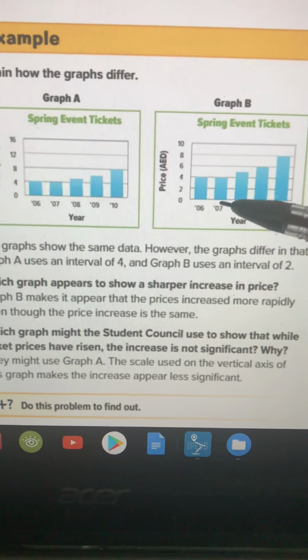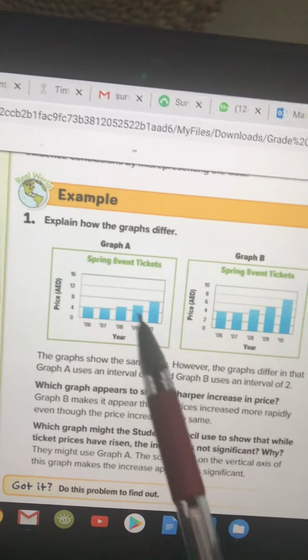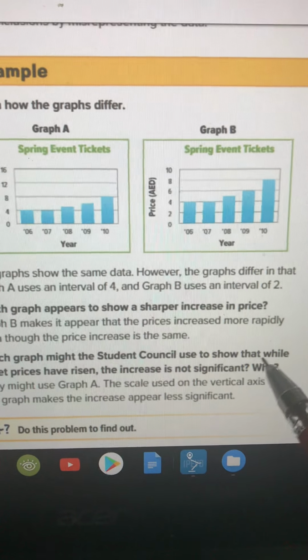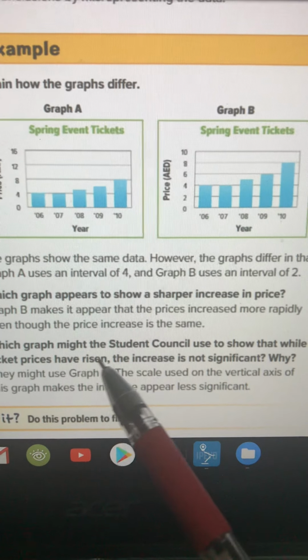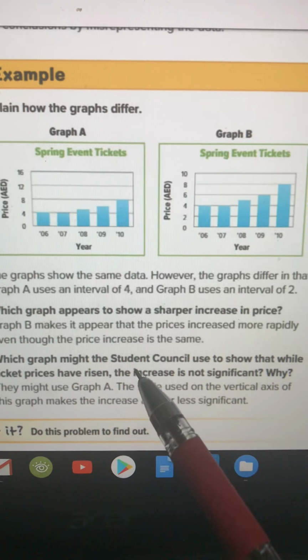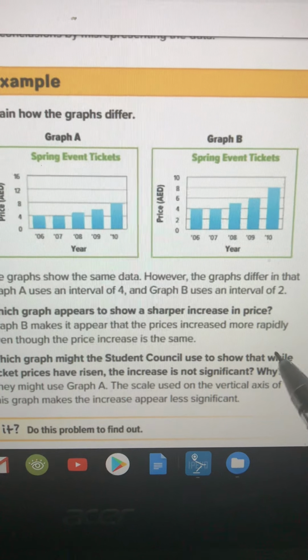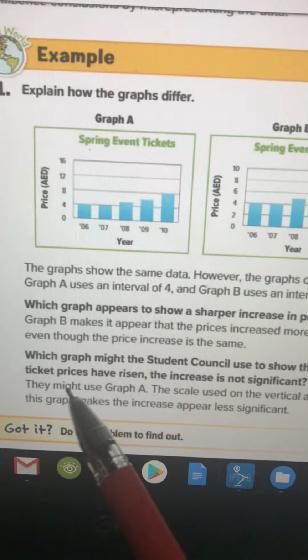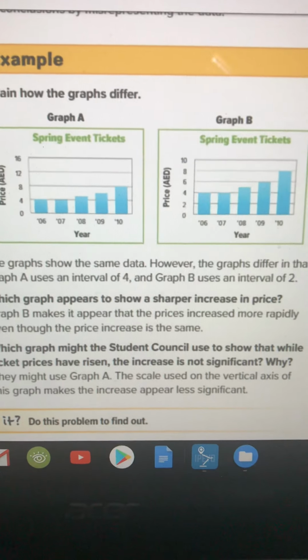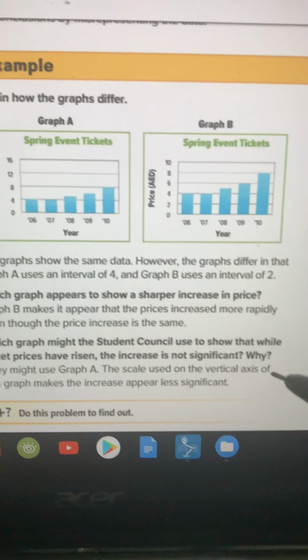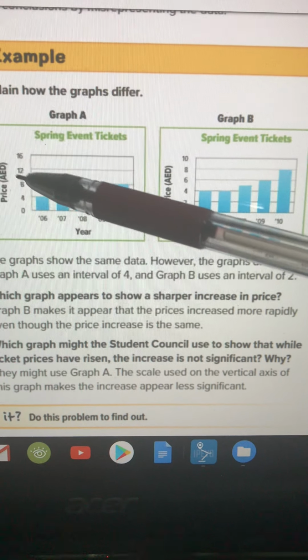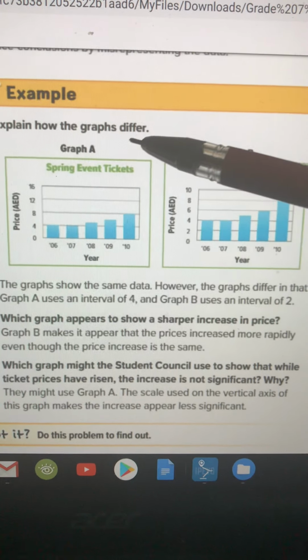You went from 4 like that. The increase is the same in both graphs. So, which graph might the student council use to show that the ticket prices have risen, but the increase is not significant? Why? You have to answer this question. So they might use graph A. The scale used on the vertical axis on this graph makes the increase appear less significant.